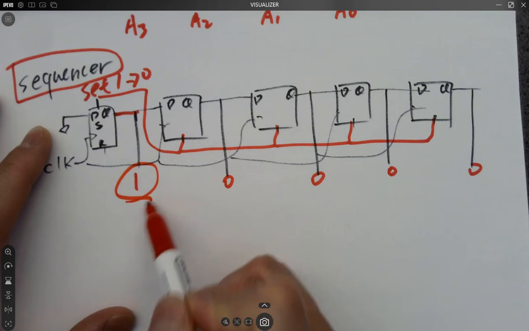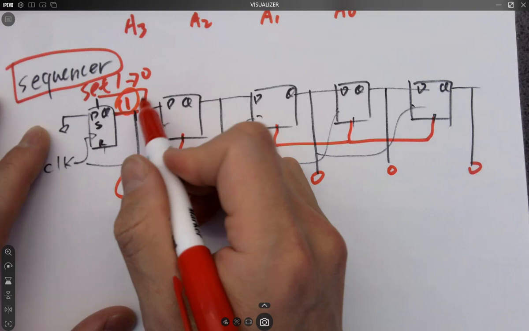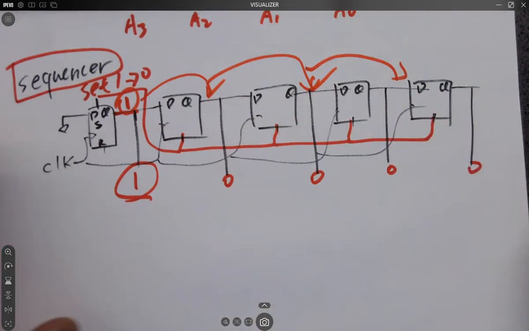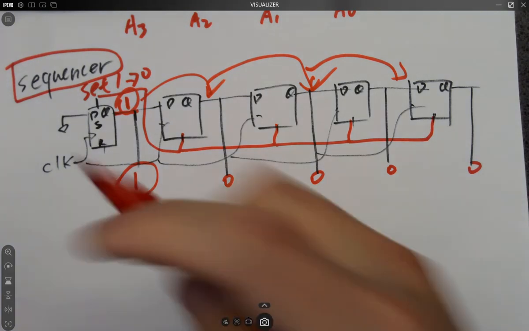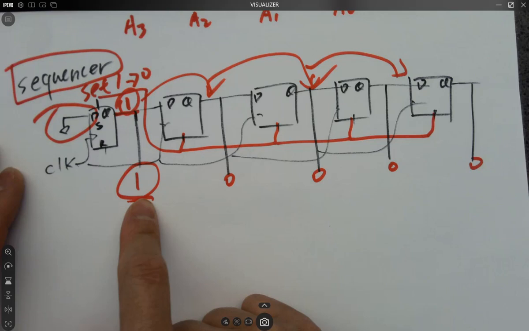But this one is not being changed because the first one is being shifted to the next one during every clock cycle. Does that make sense? So now you know why this is so important. Why is it so important? And why is it not giving a 0 at the very beginning?